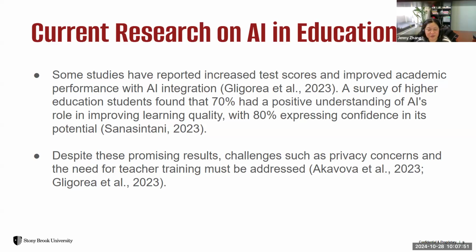Students are also confident about the potential, but there are mixed results, like privacy concerns, the need for teacher training, and AI bias. These are all very good considerations we have to take into account in our teaching, and we have to be aware of them before we actually go forward with AI chatbots.